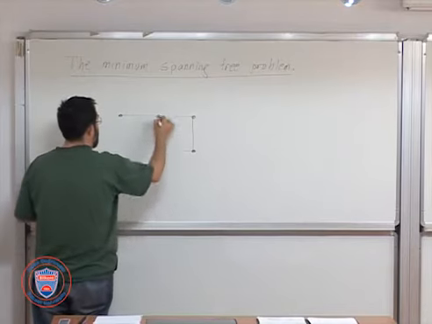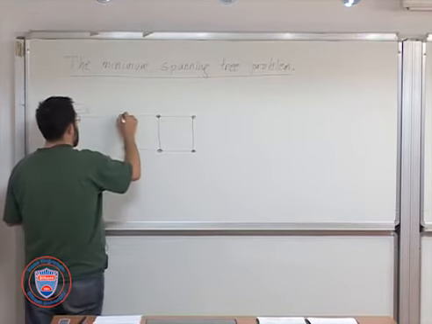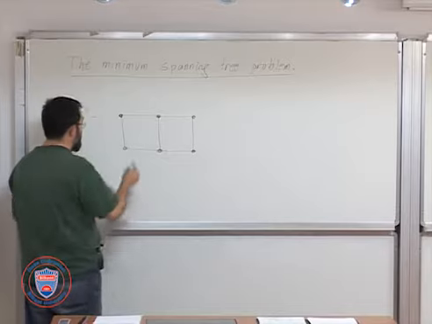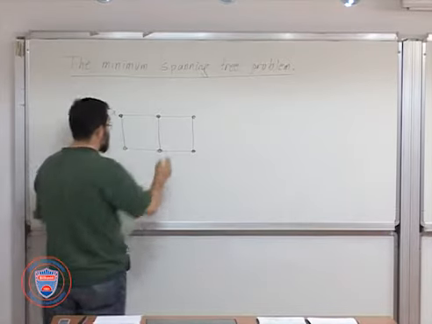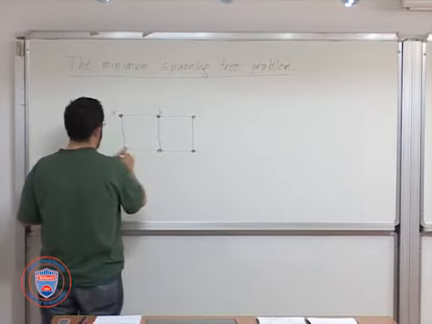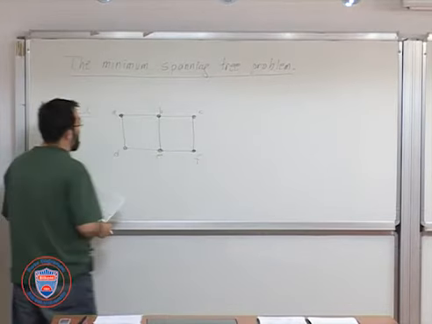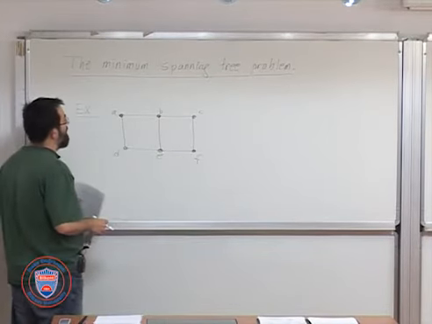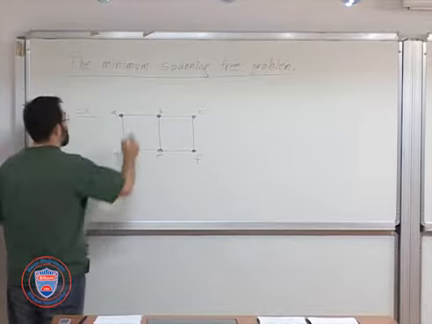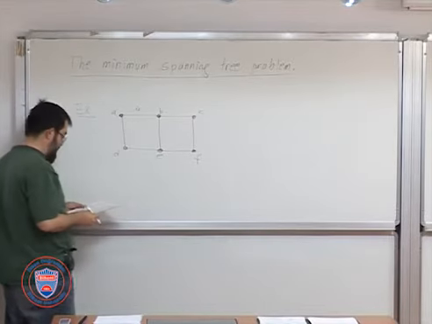Suppose that you're given a graph with some vertices, and for any pairs of vertices you're given a weight which are on the graph.